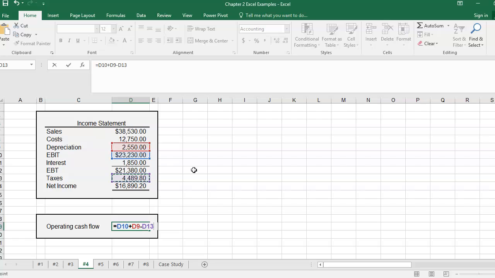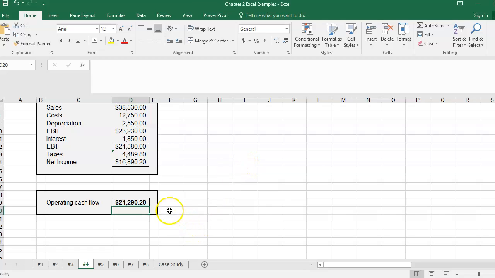This gives us our operating cash flow. Finance treats interest as a financing expense and not as an operating expense. That's one of the reasons that we don't start with net income when we're doing the calculations here, like you would on an accounting statement. So for operating cash flow, we have $21,290.20.